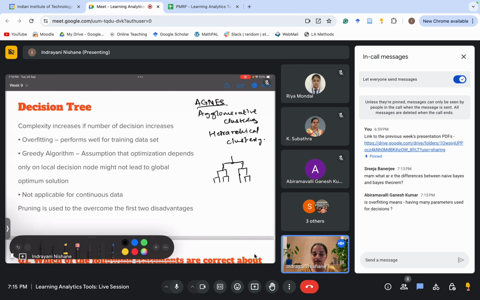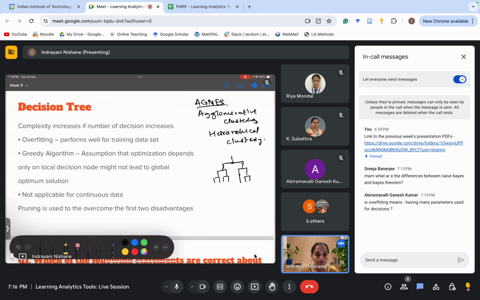So we have 5 categories for the continuous variable of marks. Likewise, there are ways to bypass the condition that this decision tree algorithm is not applicable for continuous data. We can convert continuous data into categorical values.